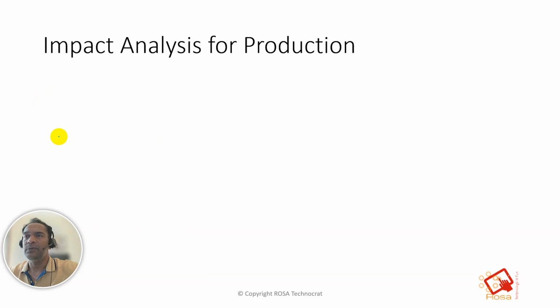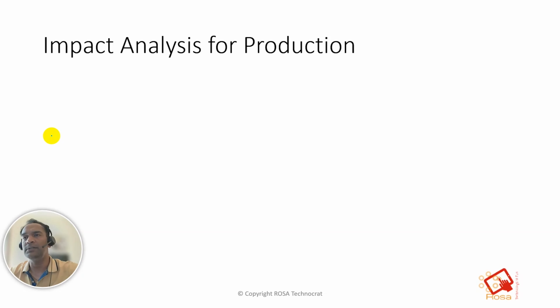Impact analysis for production. When we do any activity, any kind of change on a device in an organization, what is more important is the impact analysis. Your management is going to ask you what will be the impact of this activity or this change, how is it going to impact my production network.